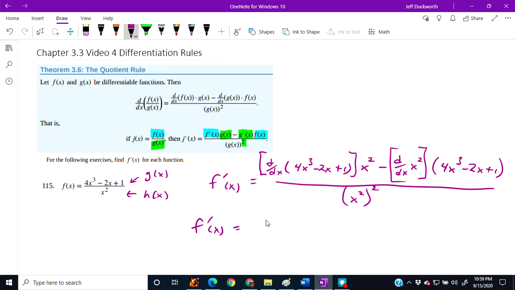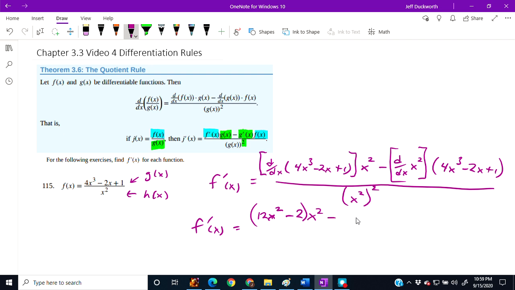Now let's take those two different derivatives on the top. The derivative of 4x cubed is 12x squared. Multiply the 3 by the 4 and subtract 1 from our exponent. Derivative of negative 2x is just negative 2, and the derivative of 1 is 0, so that goes away.